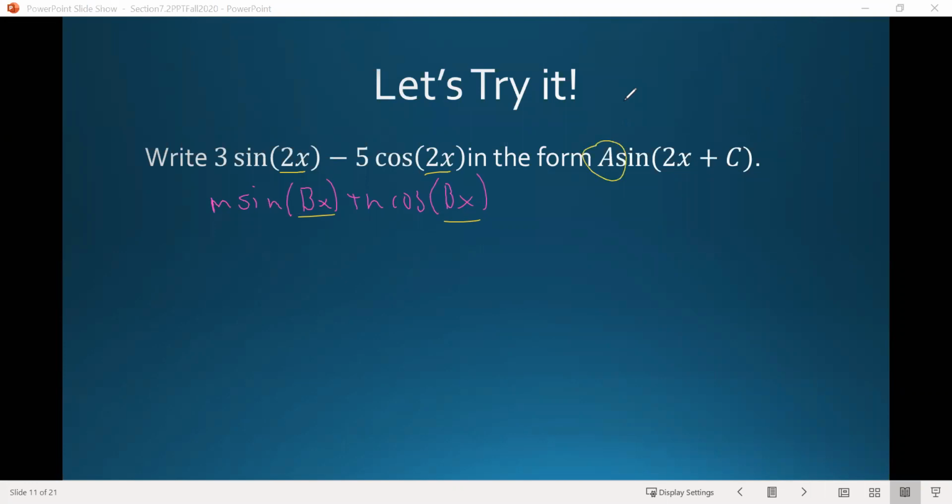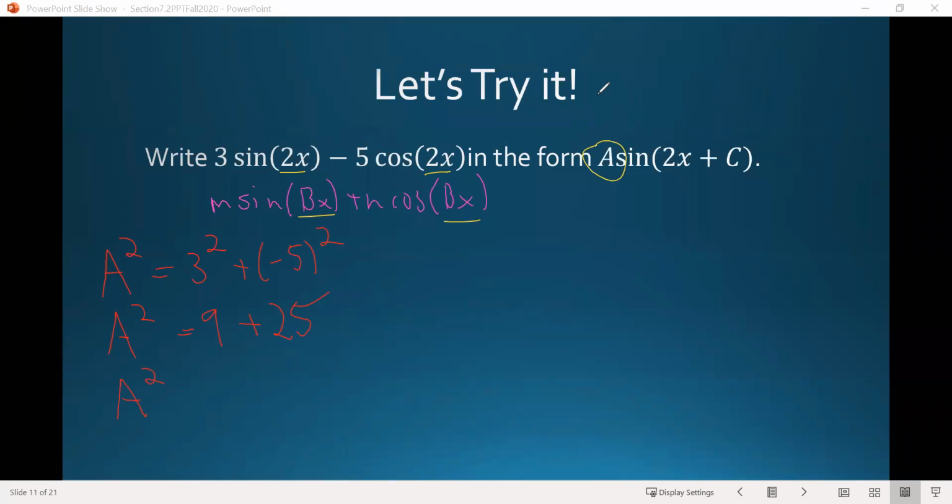So we can start by finding the value for a. We'll use a squared equals m squared plus n squared. Our value for m is 3, and our value for n is -5. If we work this out, we'll have a squared equal 3 squared is 9, -5 squared is positive 25, because -5 times -5 is positive 25.